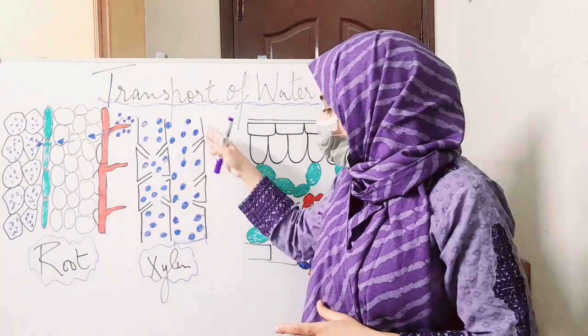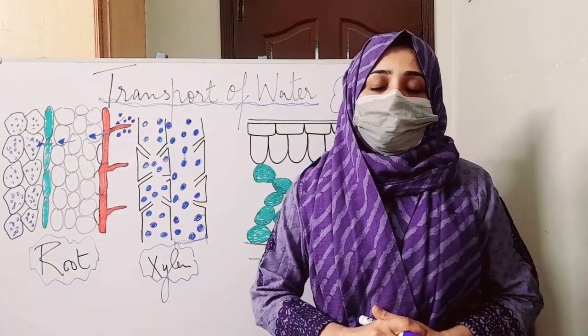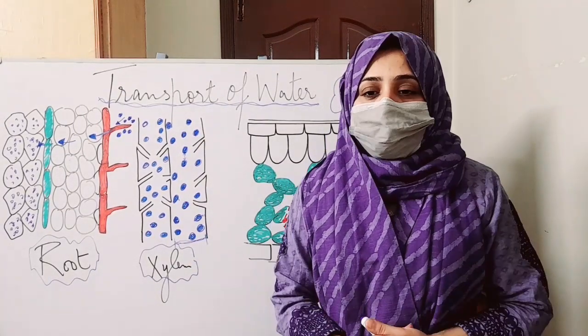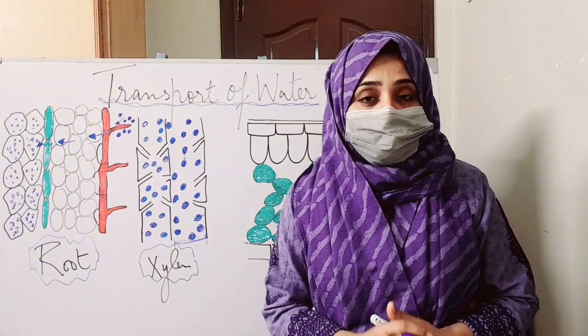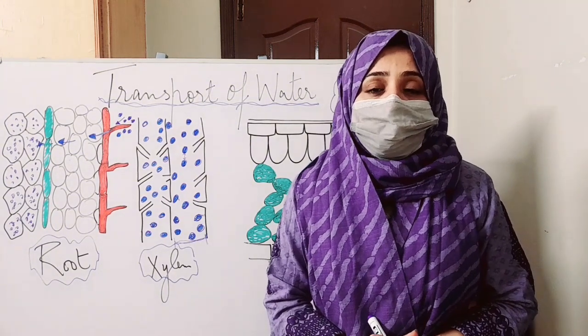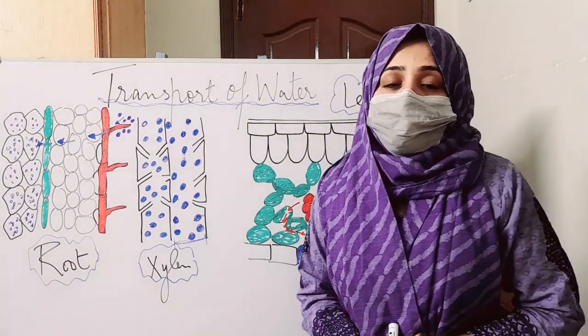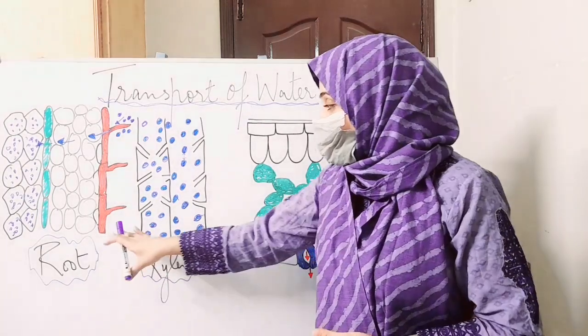All these factors are responsible for creating a tension or a pull, and due to this tension or pull, the water column is formed, and this water column is continuous or uninterrupted from the xylem tissue of roots to the xylem tissue of leaves. This is how the water and the dissolved material are transported from the roots up to the leaves.